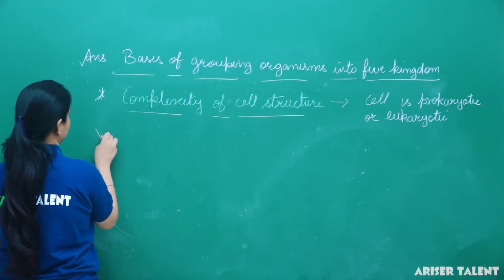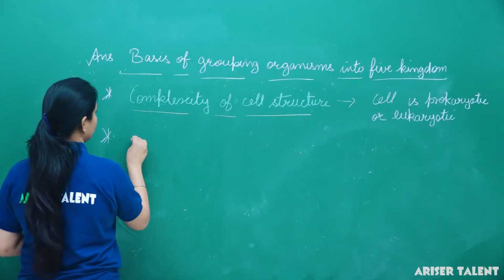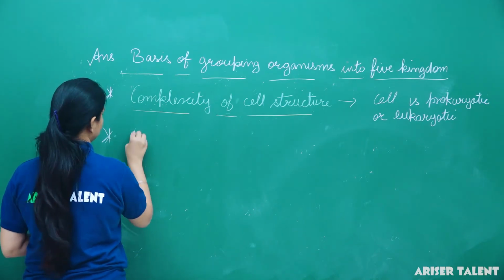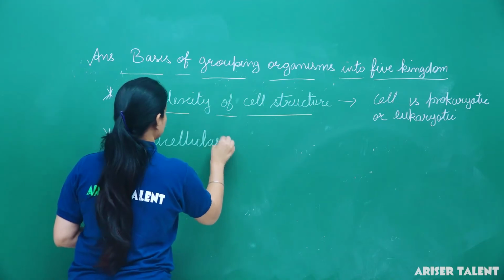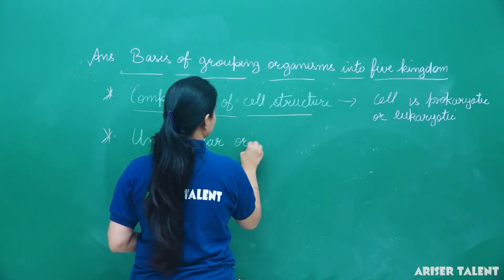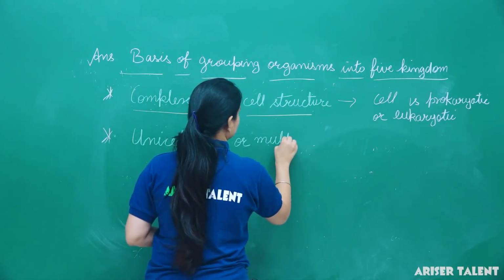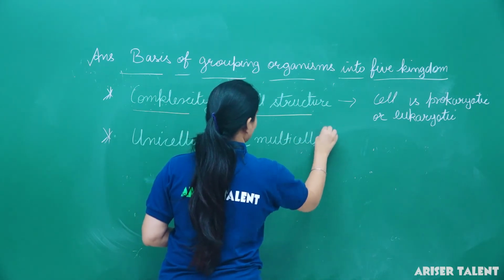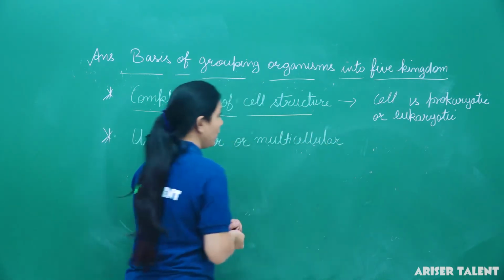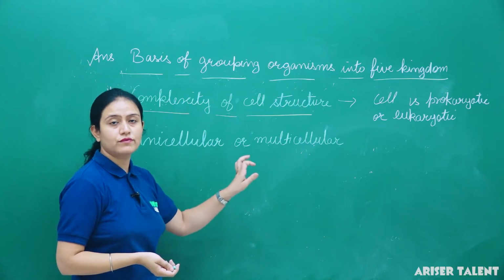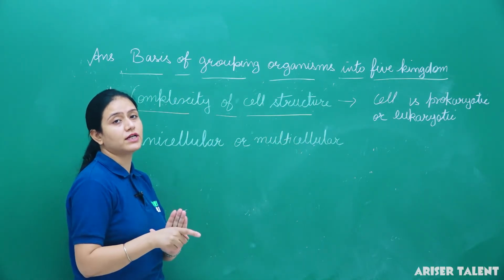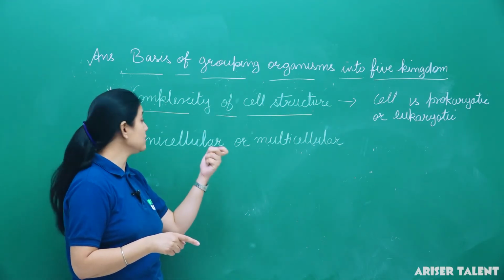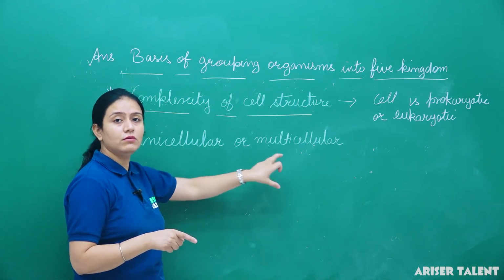Next is whether the organism is unicellular or multicellular. Once they were kept in the two groups, prokaryotes and eukaryotes, they were again classified on the basis of whether they are unicellular or multicellular.